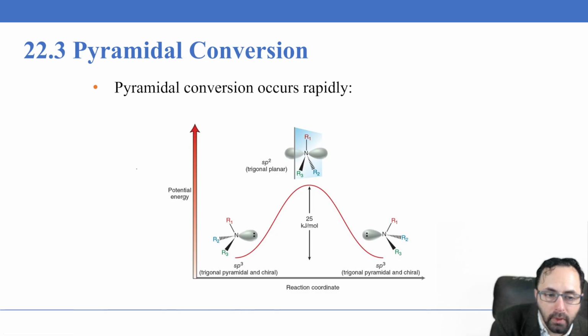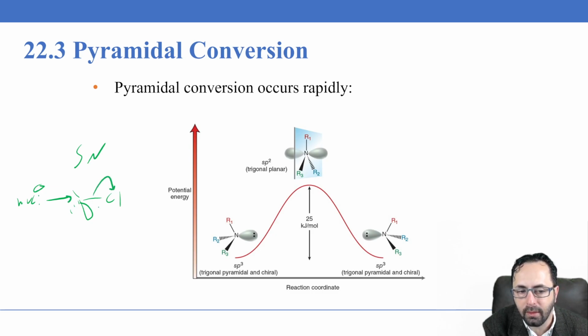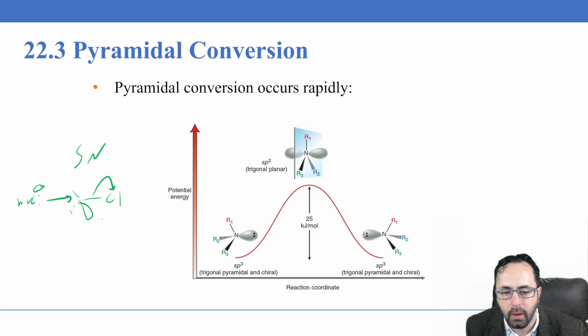You may recall that in an SN2 reaction, when we have some alkyl halide here, and then the nucleophile comes in and attacks, and the leaving group goes away, we get this flipping of the stereochemistry. And that is true here, but it's basically like the electrons are jumping positions from one side of the nitrogen atom to the other. And so they can undergo this kind of flip.